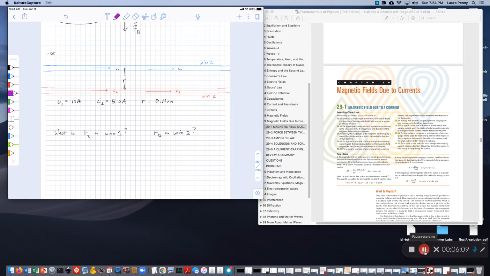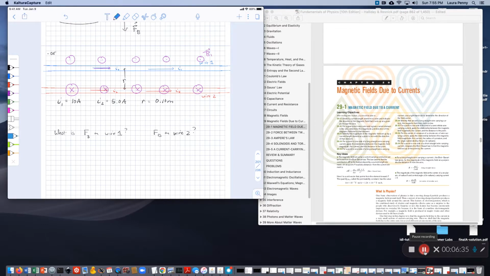So if we do our current, we'd point our fingers in this direction. This has a magnetic field which comes out up here, and it goes in at the location of wire 2. So this is my magnetic field from wire 1.